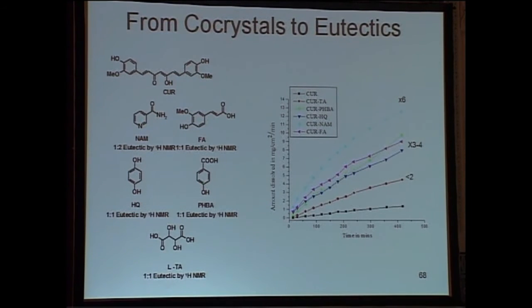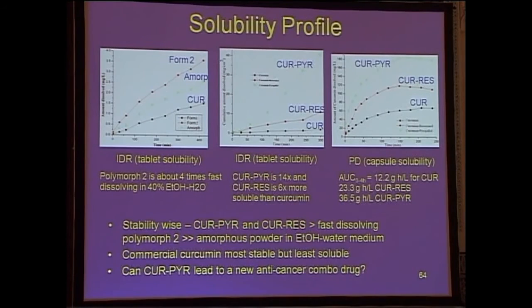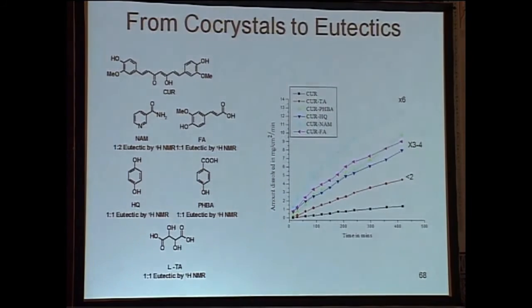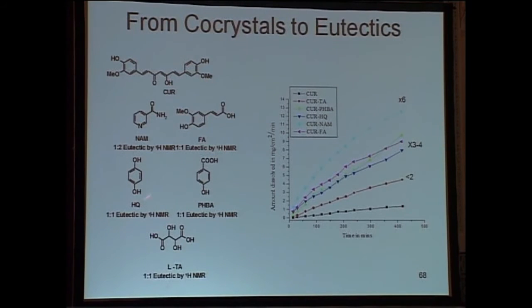Later on, we came across other methods such as pair distribution function analysis, and that is something that work is still pending. But what we did find out was that one set of coformers, that is resorcinol and pyrogallol, are giving us cocrystals, whereas another set of coformers, some of which are phenolic and very similar in structure, are actually giving us eutectics.